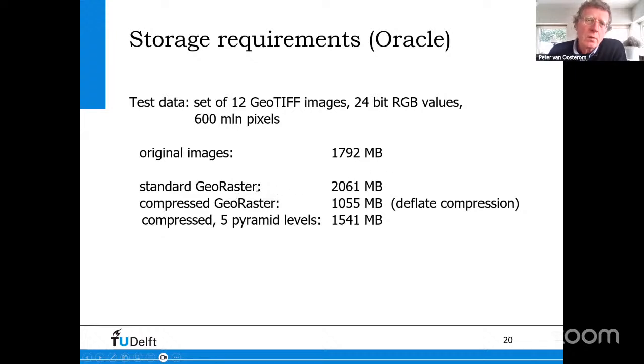Stored in Oracle GeoRaster, it became a bit bigger, 2 gigabytes, not that much. But with the compression, we could kind of halve the storage in the Oracle database. When then creating 5 levels of the pyramid, the size became bigger again, say 1.5 gigabyte, still less than the original image.